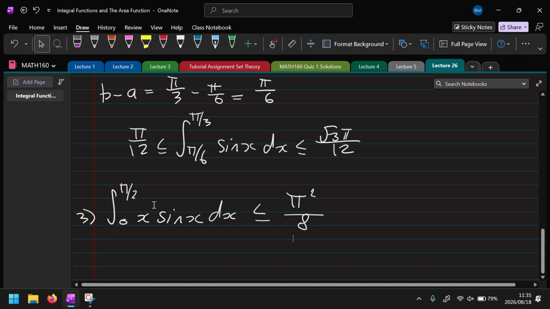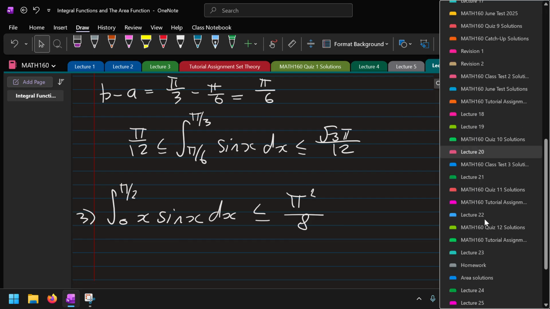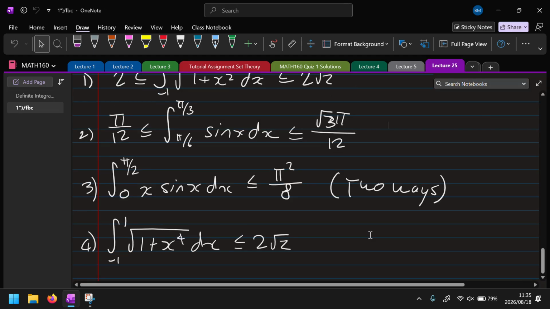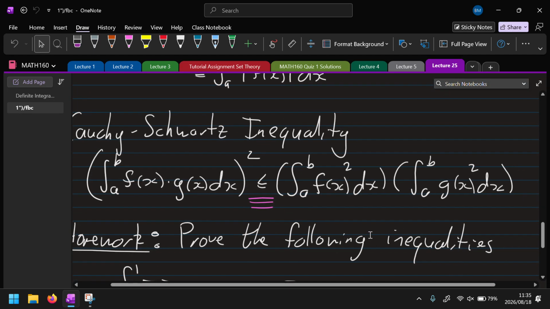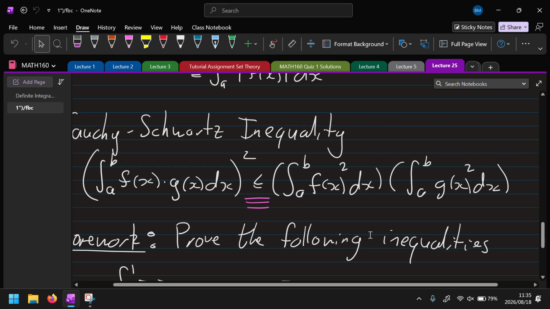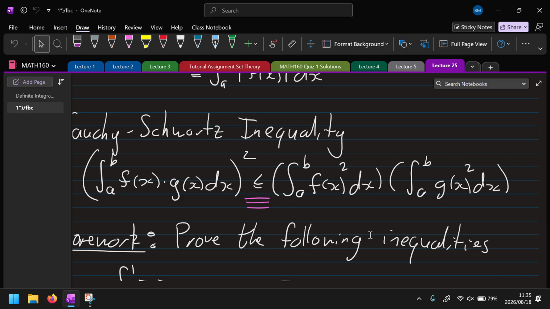Another way is that it's a product of two things, and there's an inequality we can use for products, the Cauchy-Schwarz inequality. So we've got a product, f and g. If we can't integrate the product, we can split it up into one part and another part, and then do them separately.